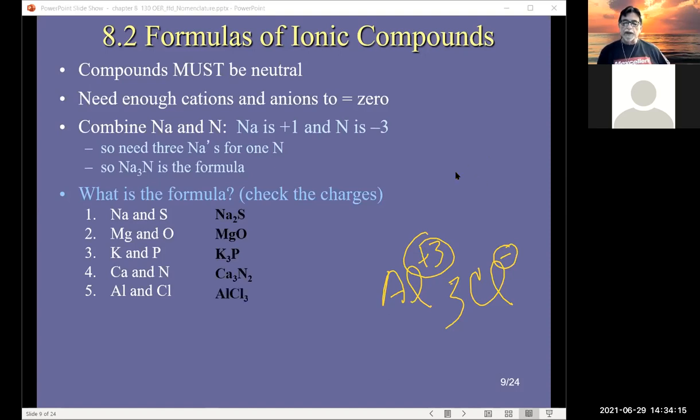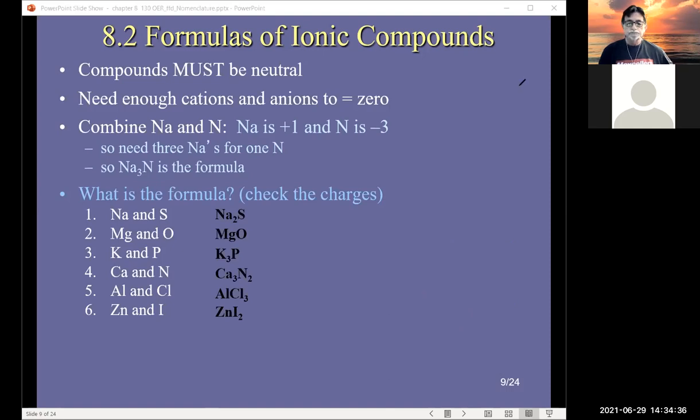So our formula is AlCl3, okay? And now we got zinc, which is a +2, and iodide, which is a -1. So I need 2 iodides.